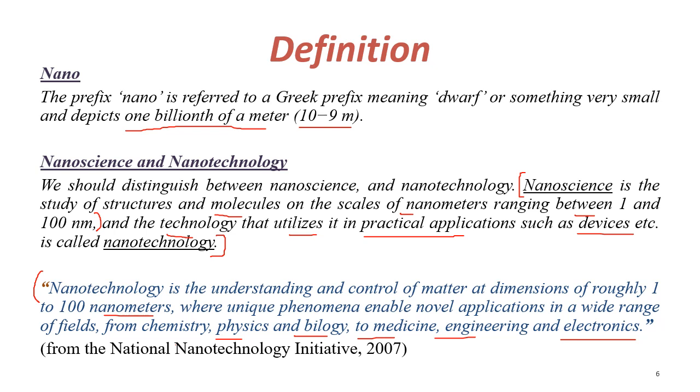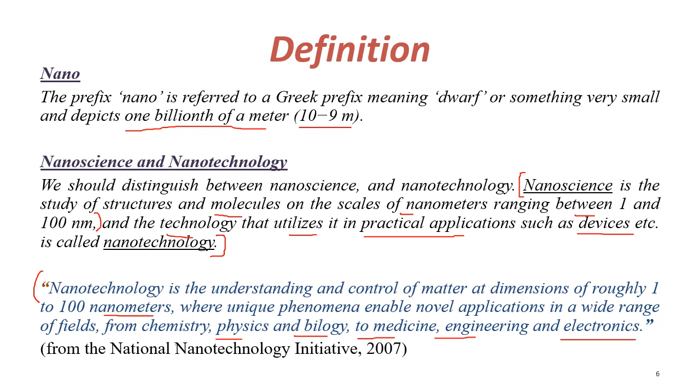The definition suggests that two conditions are present in nanotechnology. The first is the issue involved with nanoscale: the technology is concerned with structures and controlling their shape and size at nanometers.